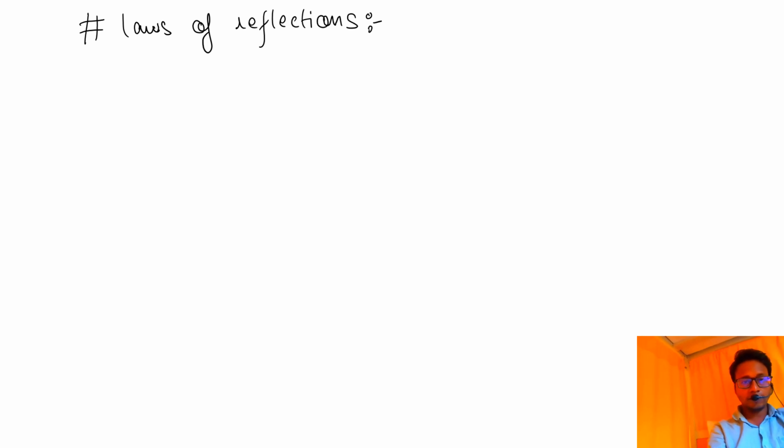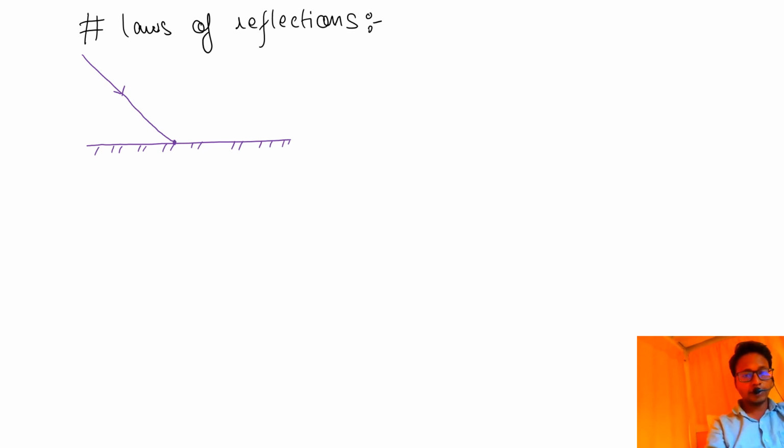Suppose there is a mirror, and a ray of light is coming to the mirror and striking at this point. This ray of light that came into the mirror is called the incident ray.